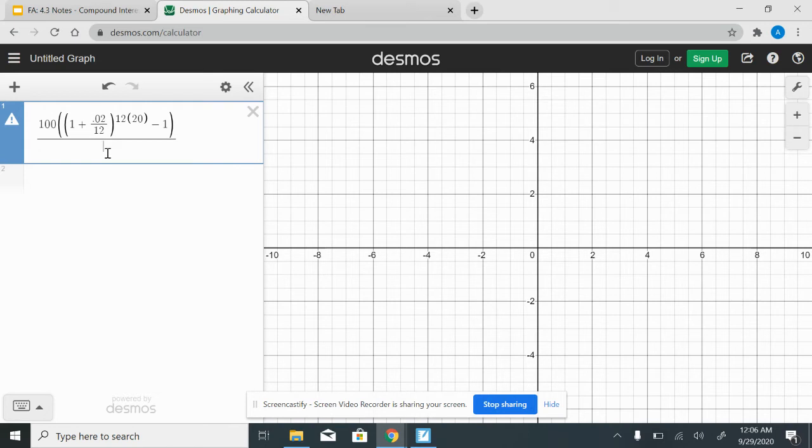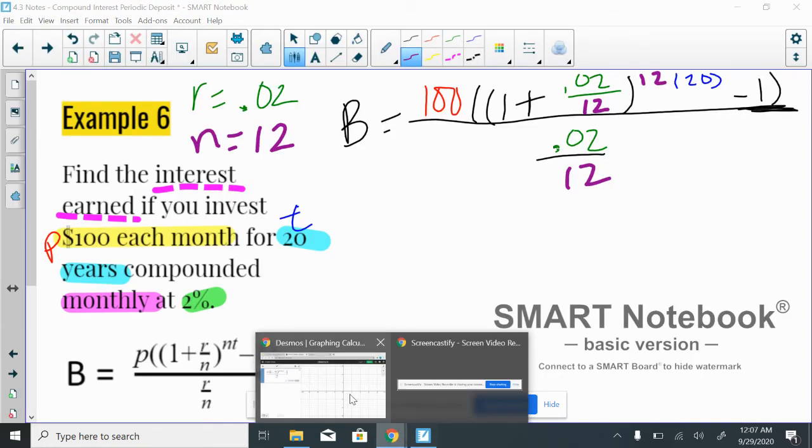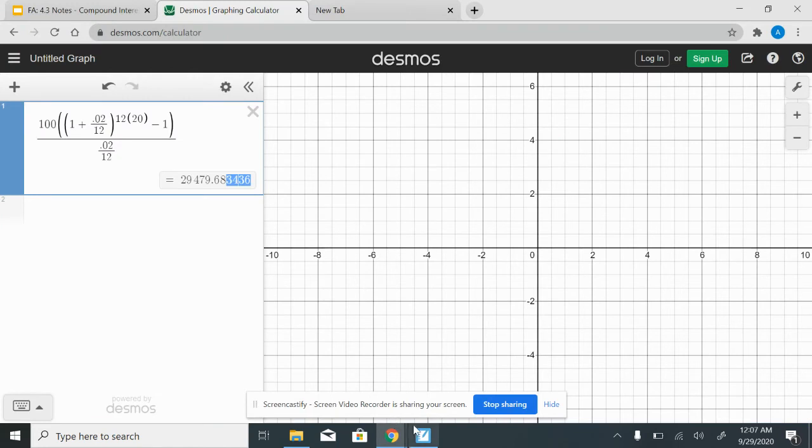Your denominator is going to look like 0.02 divided by 12. So it looks like if you're depositing $100 a month for 20 years, this is going to be your account balance: $29,479, and then 0.683 is going to round to 68. So I'm going to put in 29,479.68.